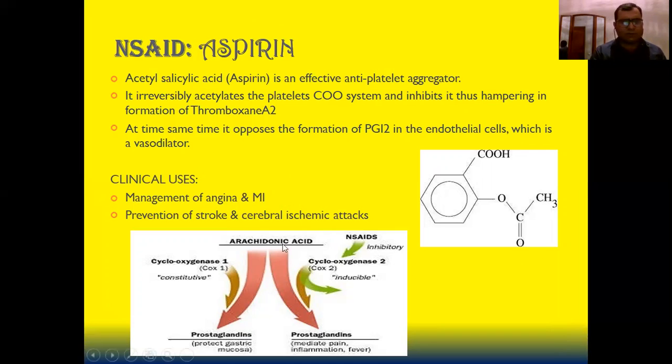Formation of prostaglandin through arachidonic acid we discussed earlier. And I will say that the non-steroidal anti-inflammatory drug aspirin has an irreversible effect on prostaglandin.